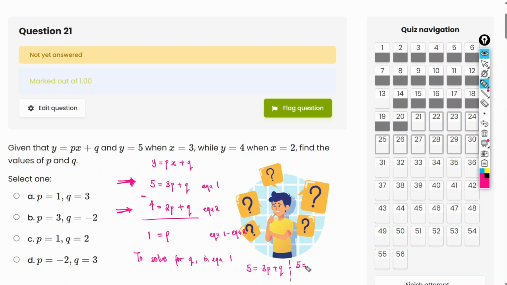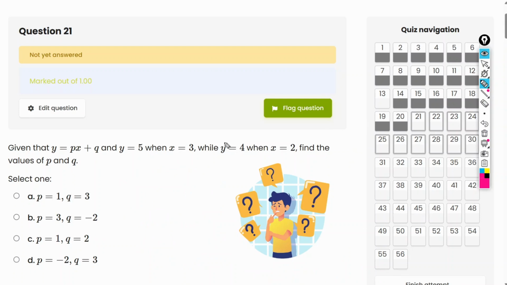So I'll say 5 is equal to 3 times 1, because p is 1, plus q. So that means that q would be equal to, when I move this over, 5 minus 3, so 2 is equal to q. Sorry for the fact that I squeezed. So the correct option is option C, because we have p as 1 and we have q as 2. So 21 is option C.